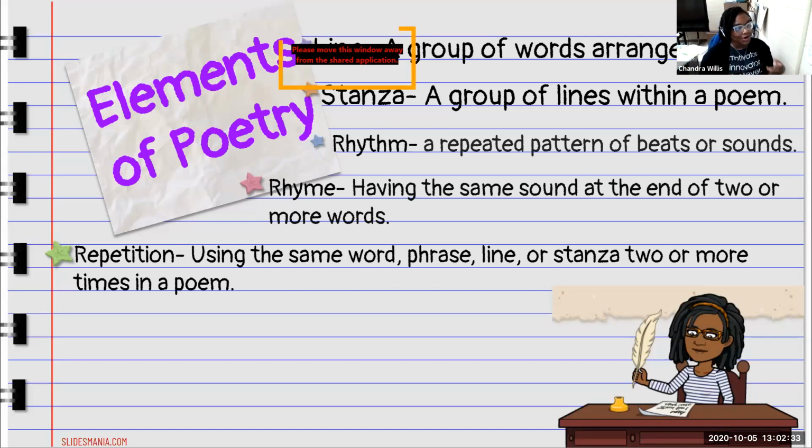Those are rhyming words. And poems usually use rhyming words sometimes. They don't have to use rhyming words, but they sometimes do. And then we have repetition. Repetition is when you use the same word, phrase, line, or stanza 2 or more times in the poem. All right, scholars, so go ahead, write down these definitions, and then we will read some poems.